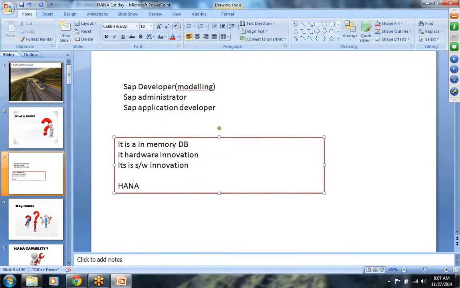So what does HANA stand for? HANA stands for High Performance Analytic Appliance.